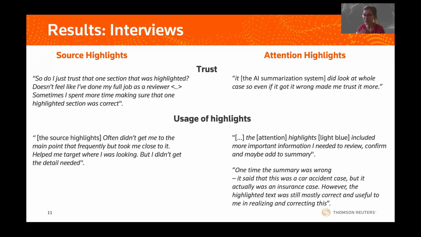Further to this, it also gave them information which they sometimes chose to add to the summary, in addition to what was already there. Furthermore, the editors said that attention highlights one time helped them realize that the AI system had made some incorrect conclusions about the case and helped them correct this.